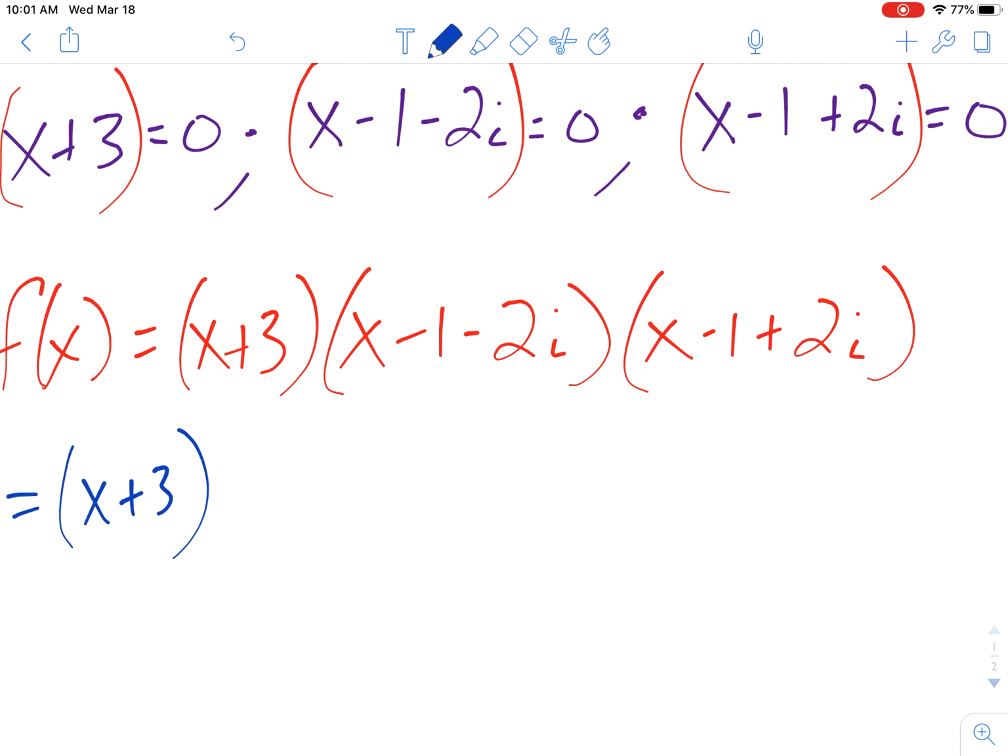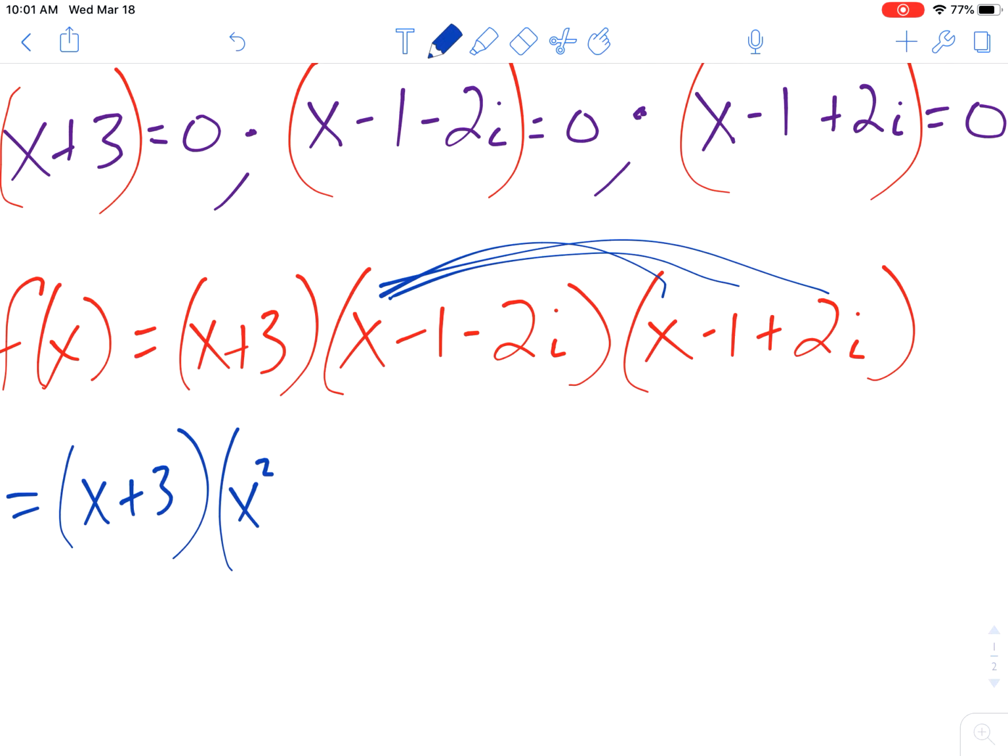All the i's are going to disappear here if we do the right work. All right, so once again, I recommend leaving this out of it for now. We're going to deal with these two parentheses down here first.